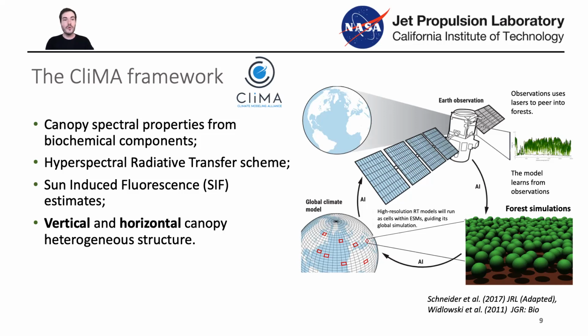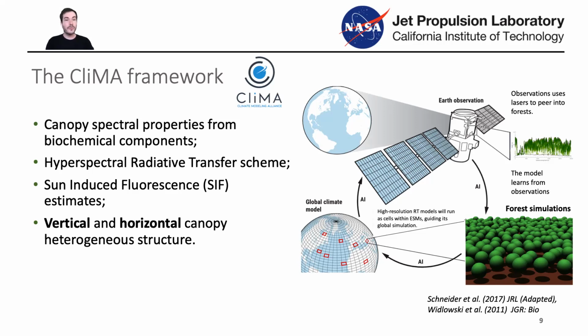So we really want to move away from the ultra parameterized Earth system model into an Earth system model that can assimilate data at the same time and come up with results and predictions. So instead of having a lookup table for spectral properties of the canopy, we want to calculate the spectral properties from biochemical components of the land surface, like chlorophyll content, for example.